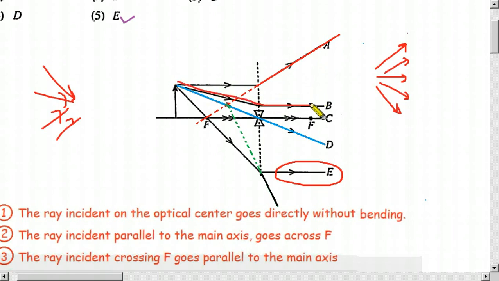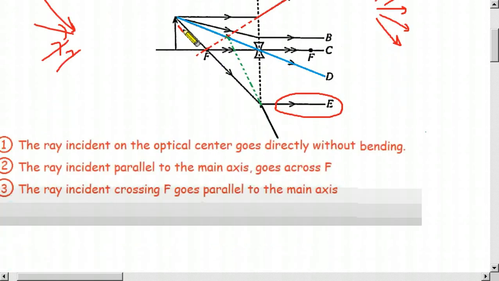This one came like this and went away this way, and this one came like this and went this way, towards anti-clockwise. So this one also, if it came like this, should go like this, away from the main axis. But they have drawn it bending towards the principal axis.